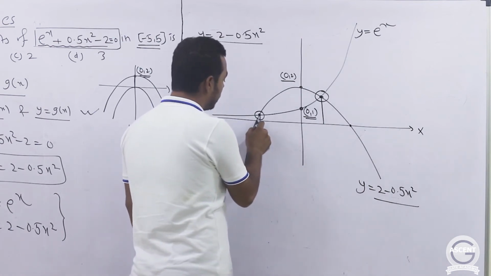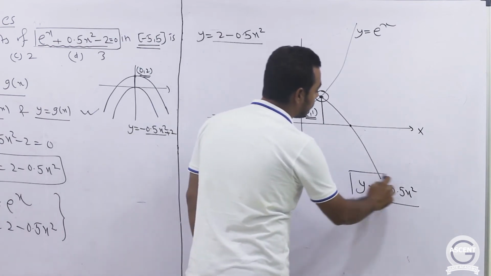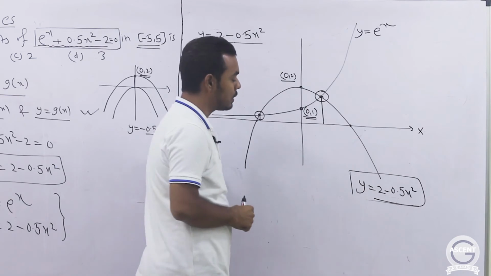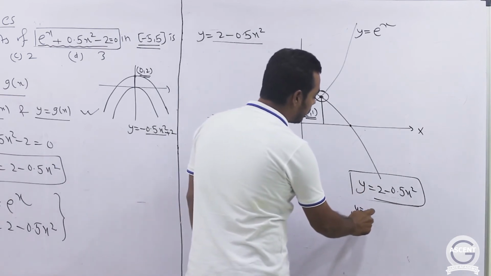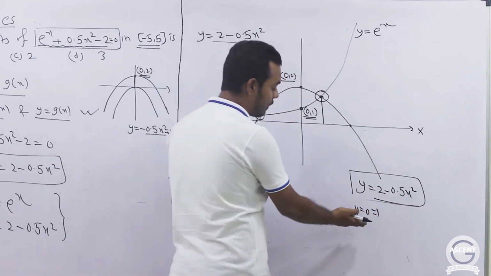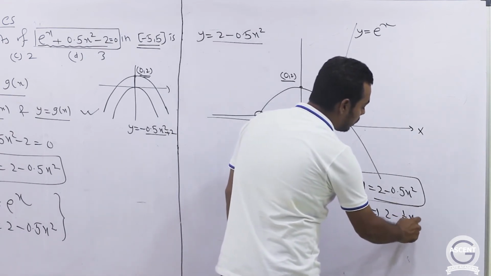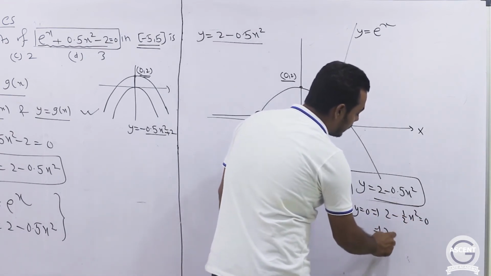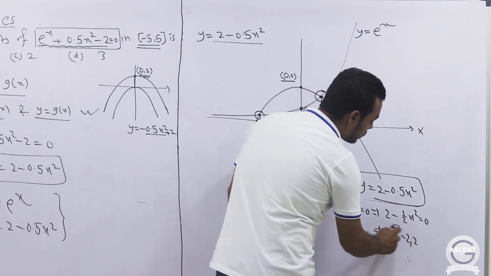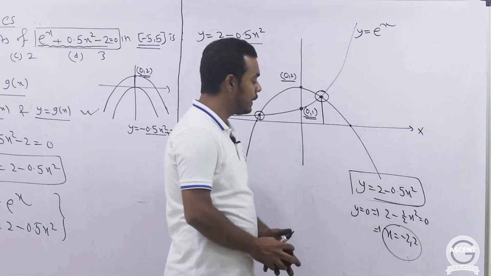important technique. See, for the graph y equals 2 minus 0.5 x square, if I equate y to 0, then I get 2 minus 1 by 2 x square equals 0. This gives us x equals minus 2 and plus 2. Now what are these 2 points?